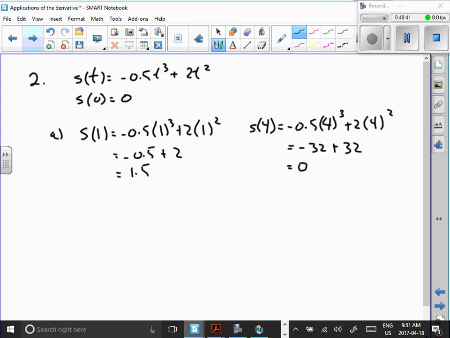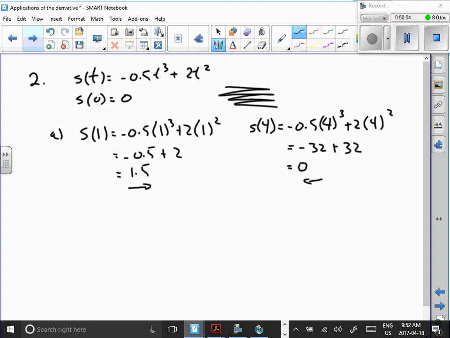Now we don't know, the particle started out going to the right. It's gone back to the left and gone back to 0. But we don't know how many times it may have changed direction in between. We just know originally it's going to the right, and then at t equals 4, it's back to where it started.